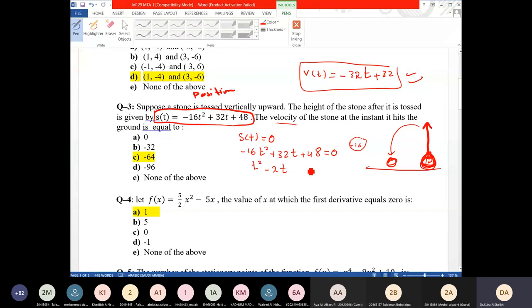Just one second, let me confirm that. This is 48 divided by 16. It is equal to 3. The time still didn't finish, yeah, Sulaiman. Don't leave. This equals 0. So how can I solve it? I factorize t and t, and the 3 to be factorized into two numbers.